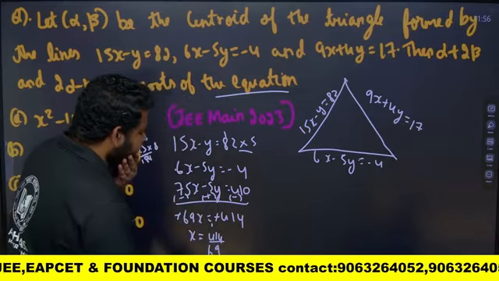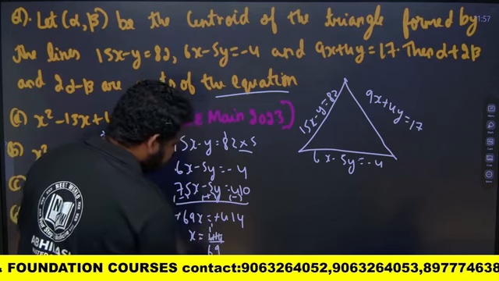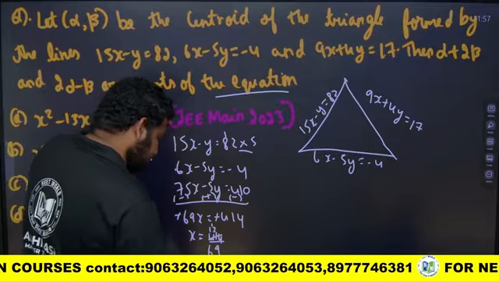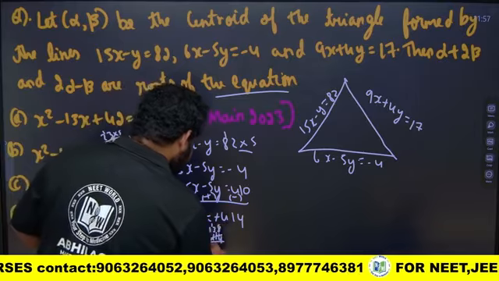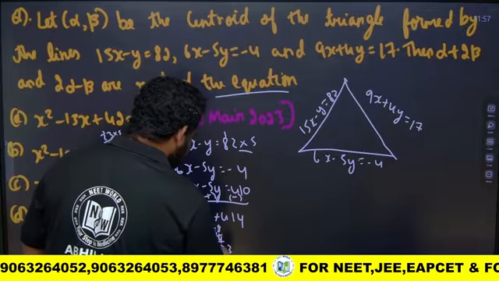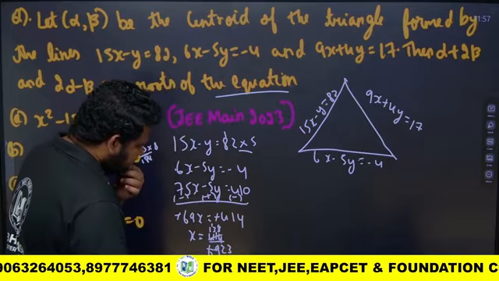So this will become what? I can do it by 3. So 3 1s are 3, 1 is left. 3 3s are 9, 2 is left. 3 8s are 24. This will be 3 2s are 6. 3 23s. Now again with 3 can I do it? 23.